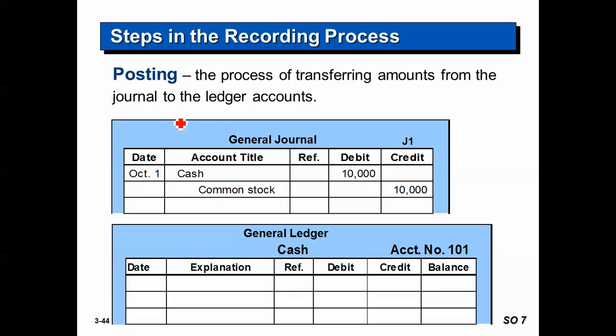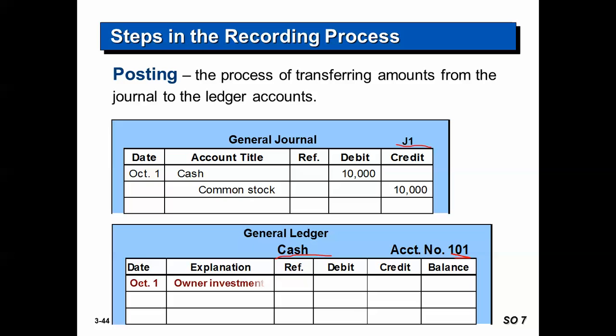We post. Here in the journal, we have journal page 1. The date is October 1st. This transaction affected 2 accounts. Cash went up $10,000. Well, we go to the general ledger and we pull out the ledger card for cash. It's number 101. We put in the date, October 1st.